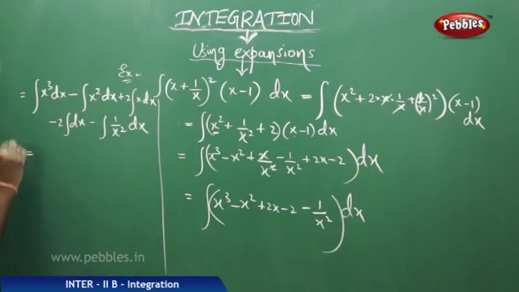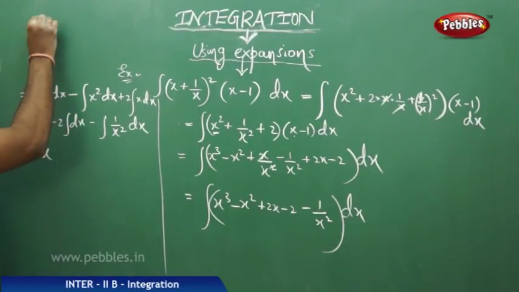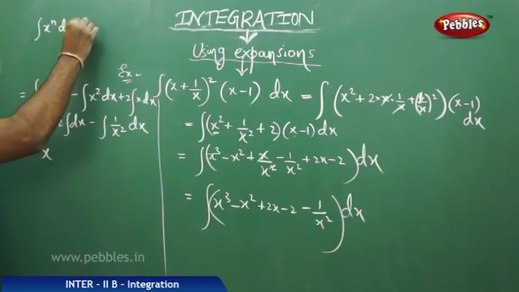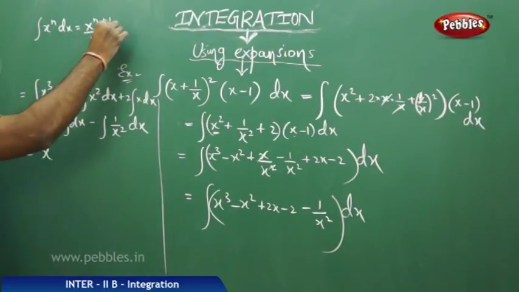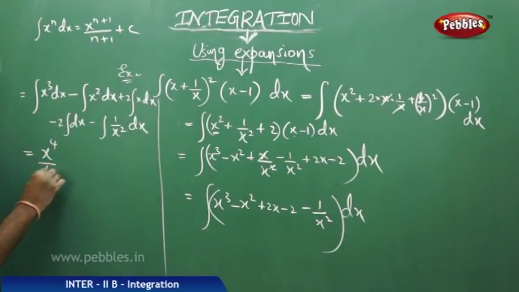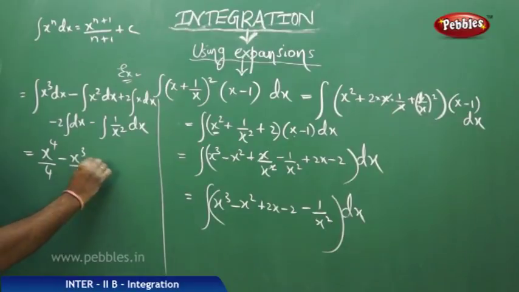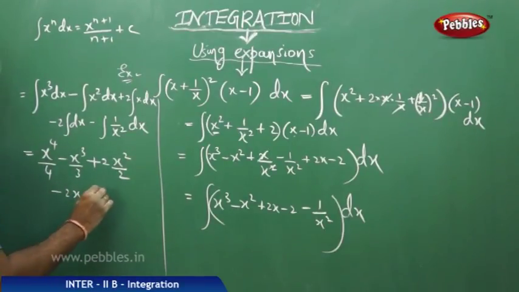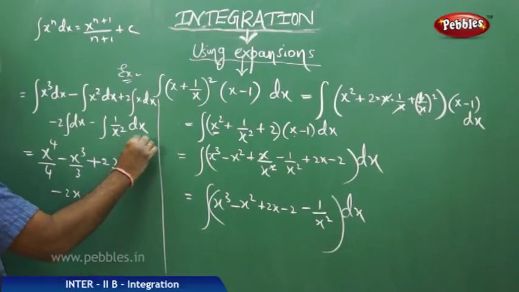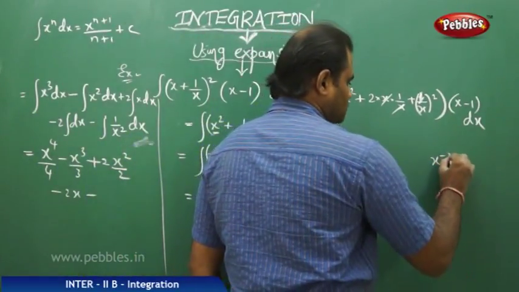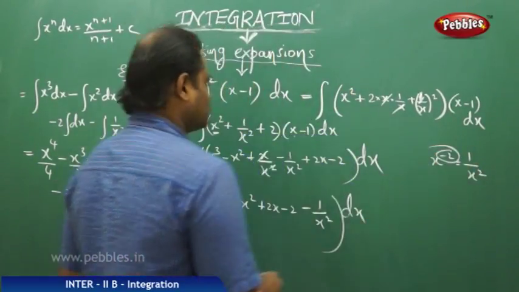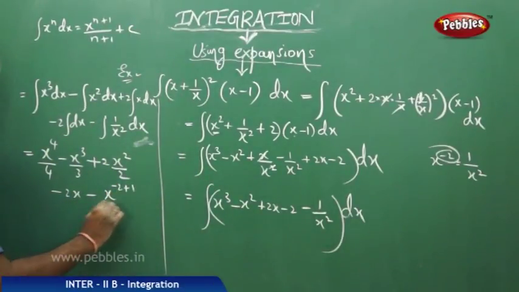Now integral x cubed is, using the formula for x power n, x power n plus 1 by n plus 1. This is x power 4 by 4 minus x cubed by 3 plus x squared by 2 minus 2x minus the integral of 1 by x squared, which I can write as x power minus 2, and therefore n is minus 2, so I get x power n plus 1 by n plus 1 plus c.